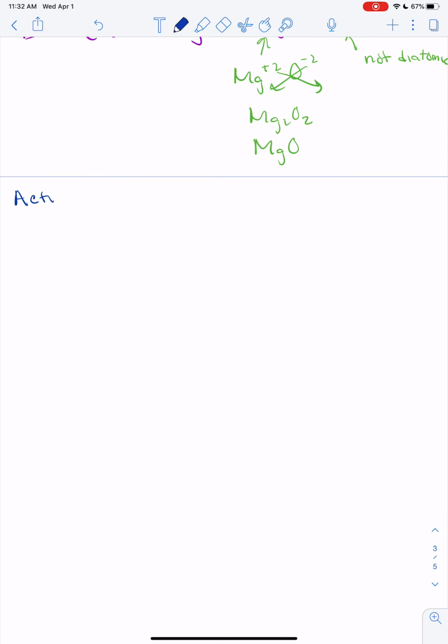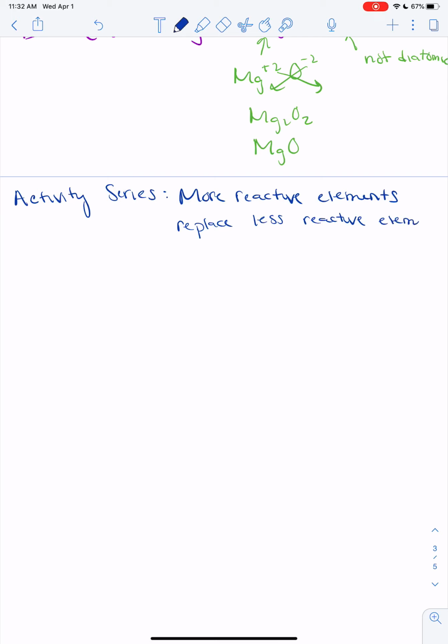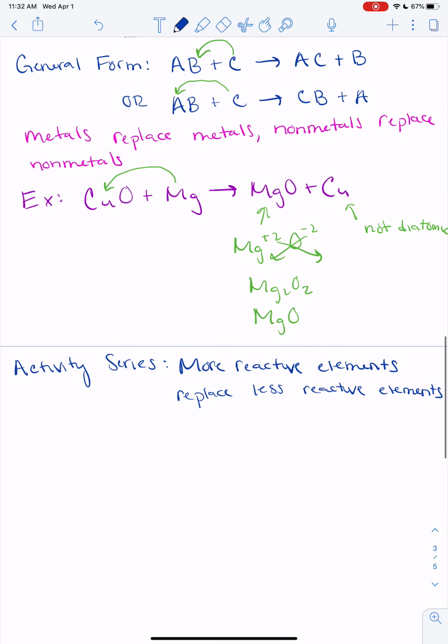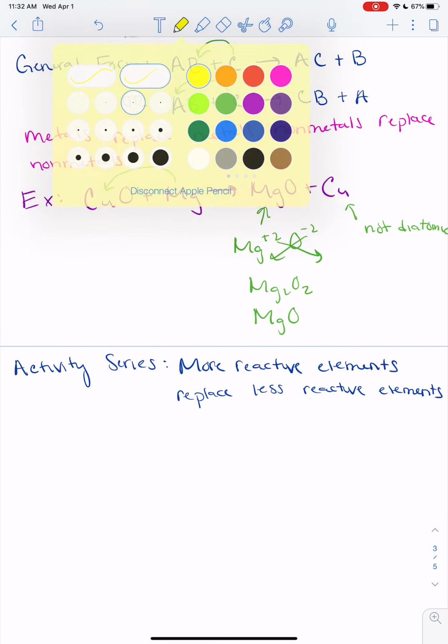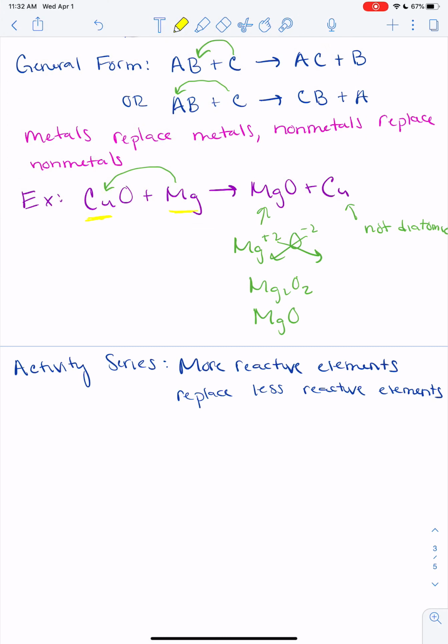Okay, so the activity series, this is a general rule that more reactive elements can replace less reactive elements, but not the other way around. For example, we have magnesium and we have copper.